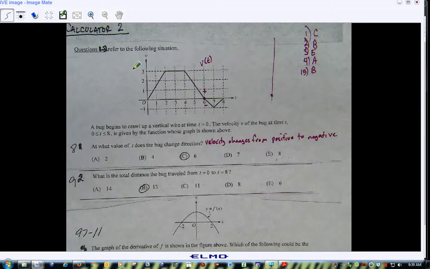Which means that if the bug is going one way and then he changes direction and goes the other way. So if you're looking for any type of directional change, you're going to want to look at velocity.